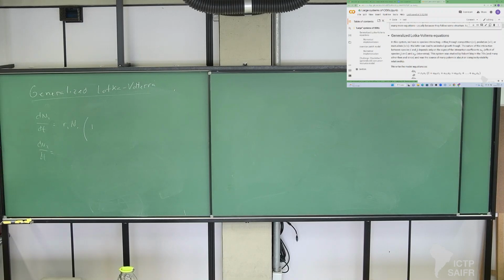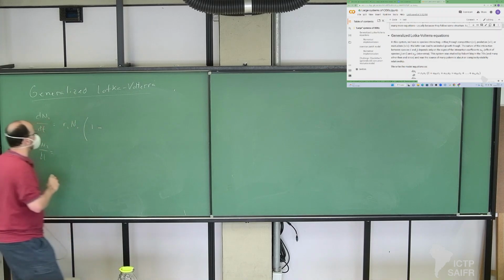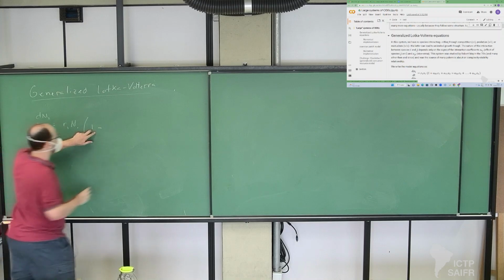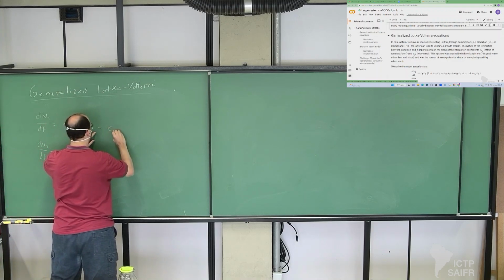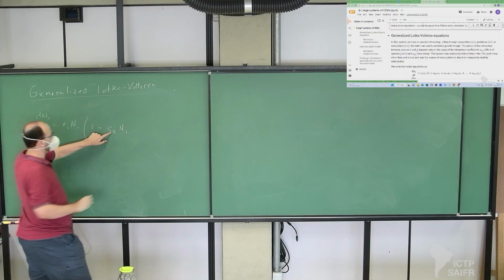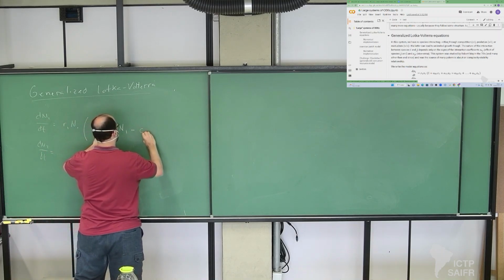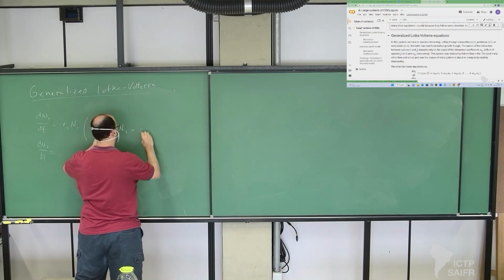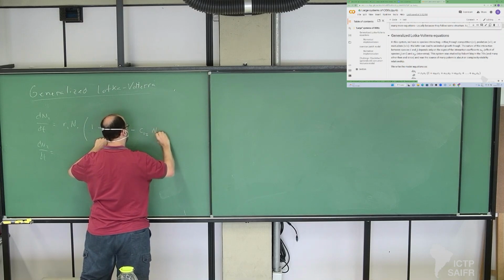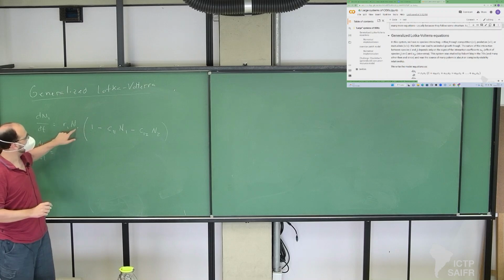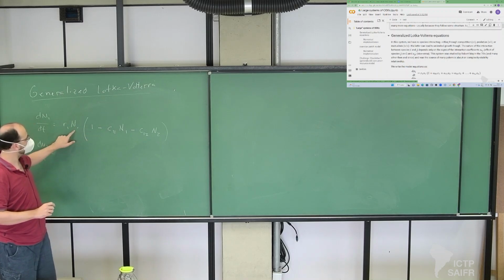But if you just change the constants, you can write this as R1 N1 times 1 minus intraspecific competition and interspecific competition, coefficients representing competition of N1 with N1 and N1 with N2, right?